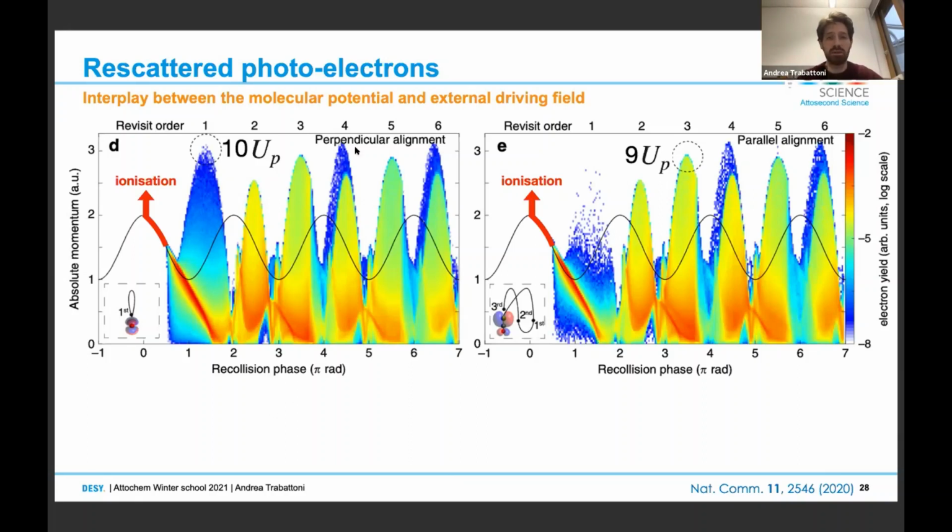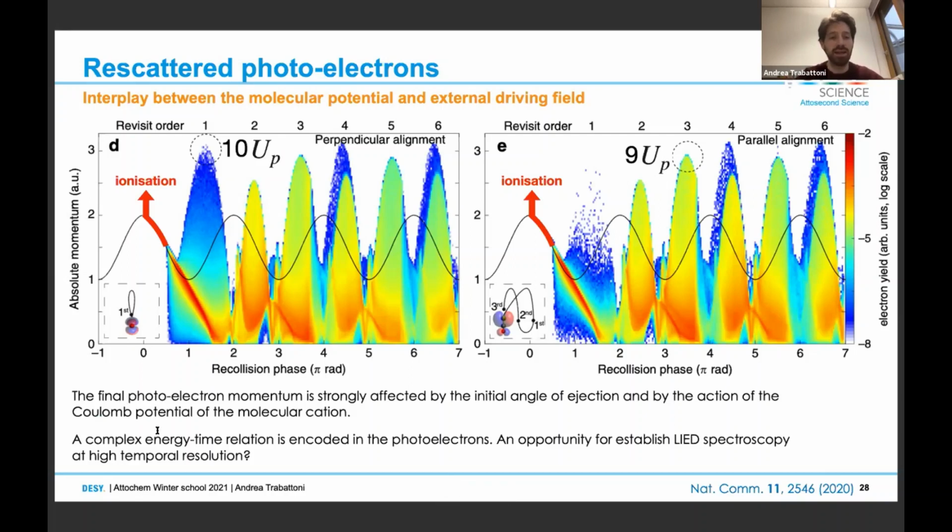From this we can really draw an important conclusion: the final photoelectron momentum is strongly affected by the initial angle of ejection and by the density of the electron in the molecular potential. Also, higher order revisits are for this reason important.